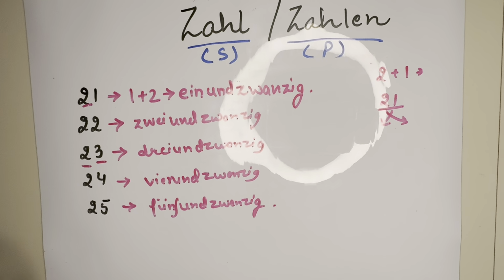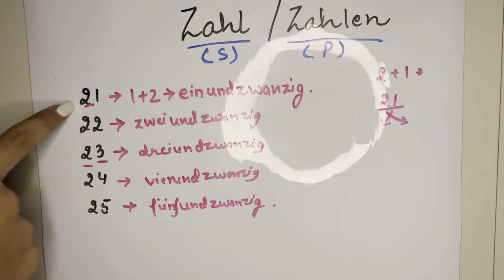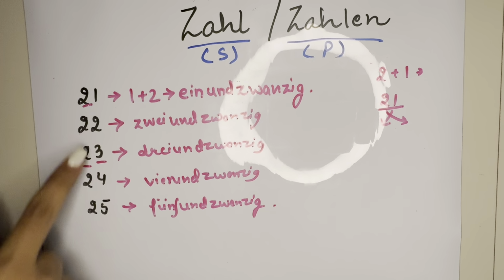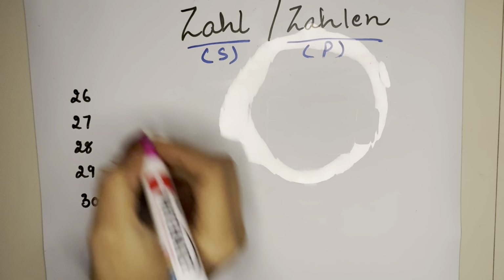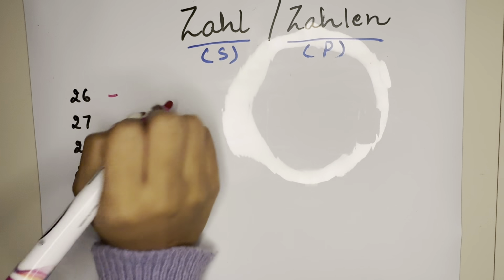Now let's repeat it once again: 21, 22, 23, 24, 25. Now again, moving forward, 26.